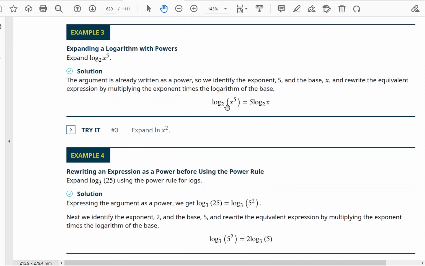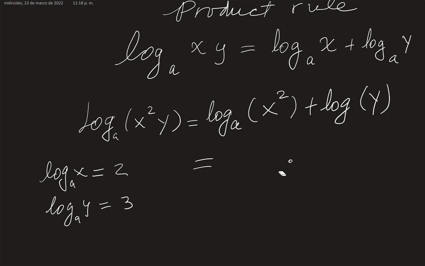Like in this case, this is in base 2. The log of x to the 5 is 5 times log of x. Then using the power rule, you say that it is equal to 2 log of x plus log of y.